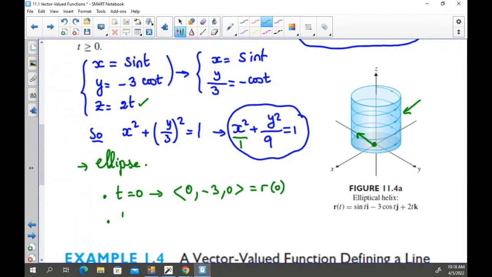Now, if, for example, I take t equal 1, and I want to find what is r of 1, r is a vector, or let me take pi, for example. Let's say r of pi, when t is pi, what vector are we going to get?